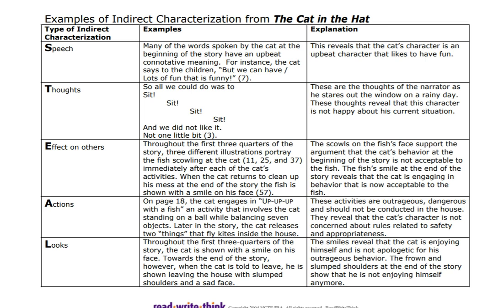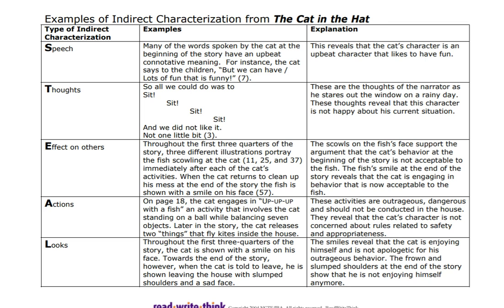So the scowls on the fish's face support the argument that the cat's behavior at the beginning of the story is not acceptable to the fish. The fish smiling at the end of the story shows that the cat is engaging in behavior that is now acceptable to the fish. So we can tell that the fish does not like chaos and mess, but actually likes order and cleanliness.